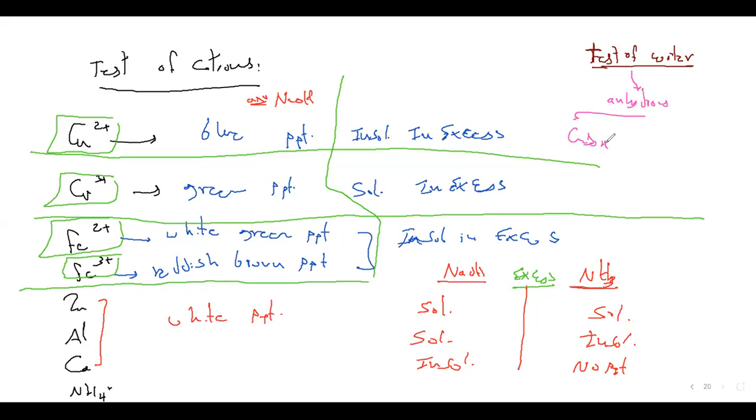In case of anhydrous copper sulfate, the color changes from white to blue, while for copper chloride, from blue to pink. Okay?